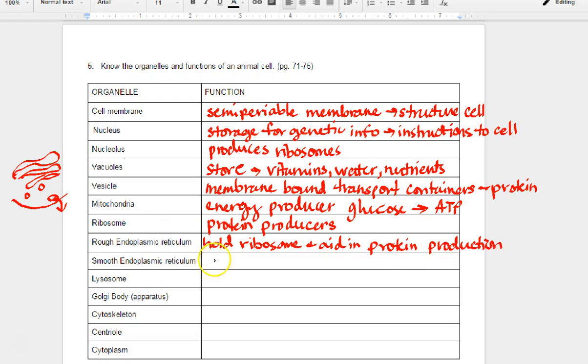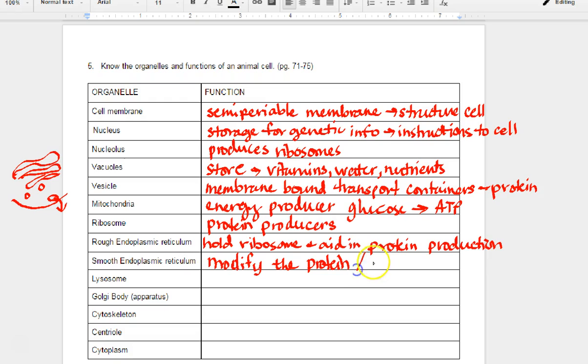Smooth endoplasmic reticulum, this is actually going to modify the protein. So after it gets done at the rough ER, the protein is going to move over to the smooth ER and it's going to be modified. Especially enzymes, they have that really specific active site for the lock and key model. And so this is what's making sure that they're folded in the correct position.